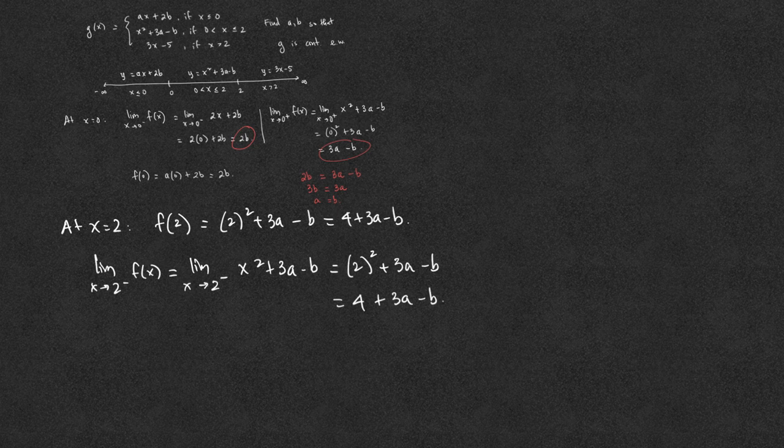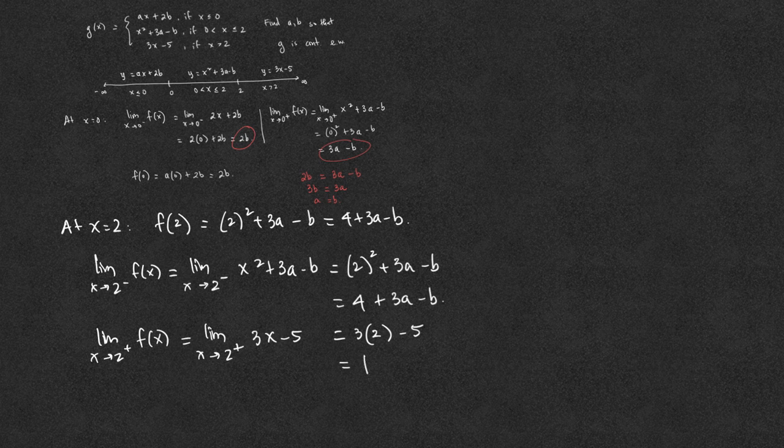3a minus b. For the limit on the right-hand side of 2, we would use the part on the right-hand side of 2, which is 3x minus 5. And this limit is 3 times 2 minus 5, which is 6 minus 5, or 1.